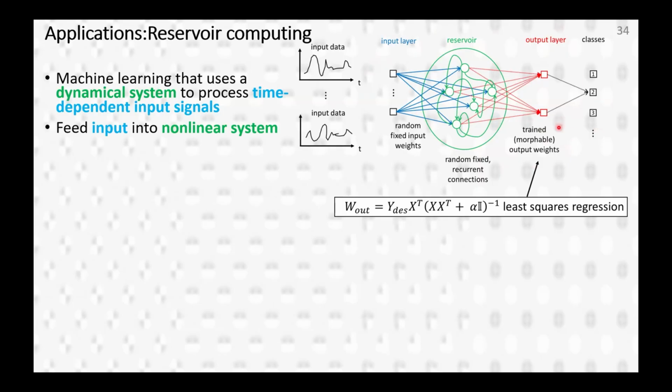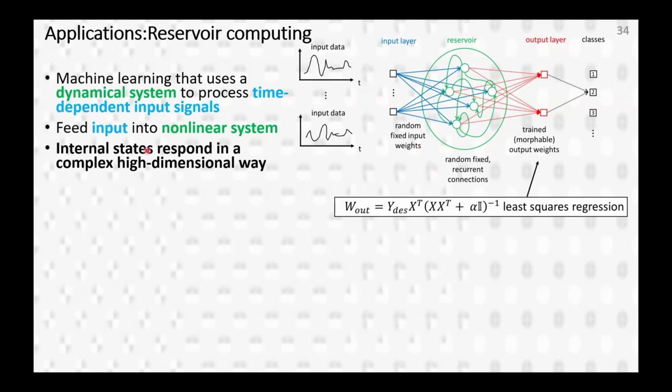The advantage of this kind of scheme over other deep learning networks is you only need to do your training on the output layer. So essentially your reservoir is doing a lot of the work for you. And because you're not having to train every single layer in this middle section, which you would have to do with the deep learning algorithms, this is actually a lot more cost effective.